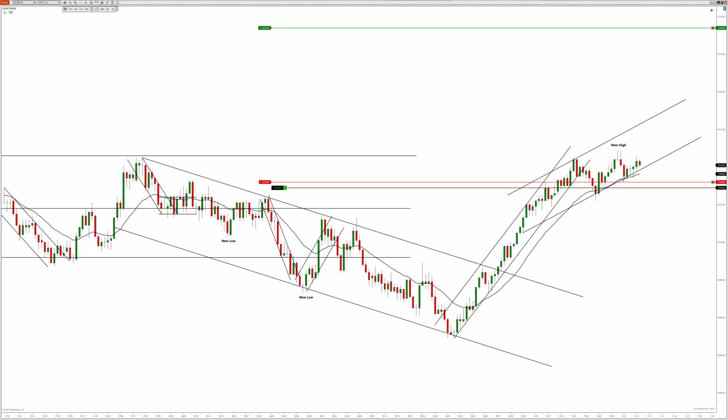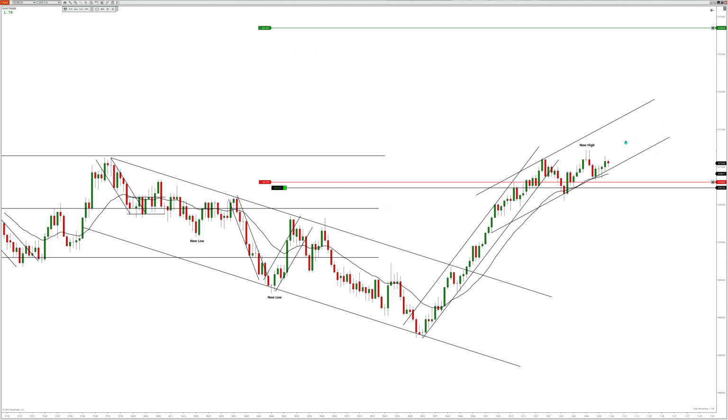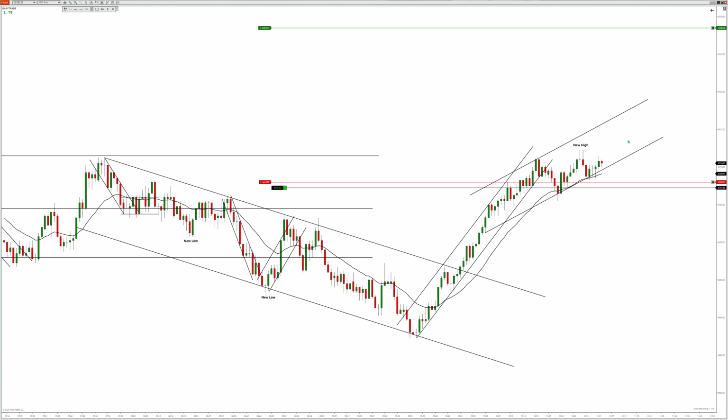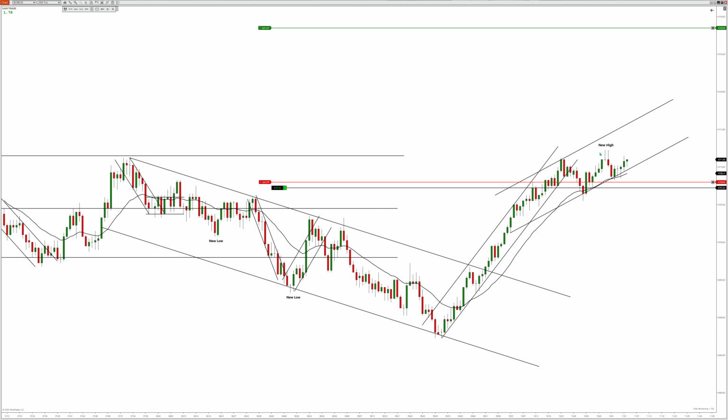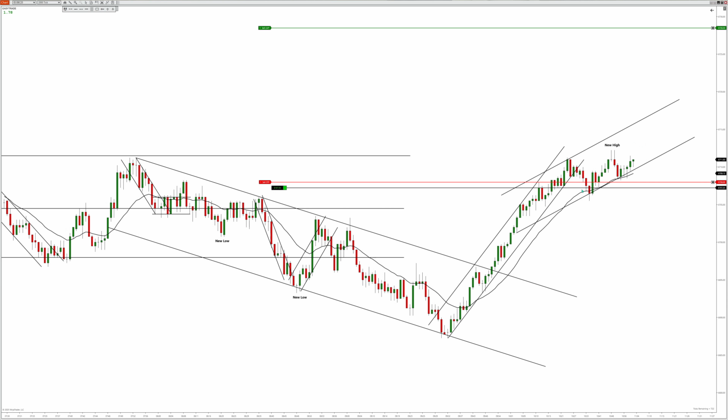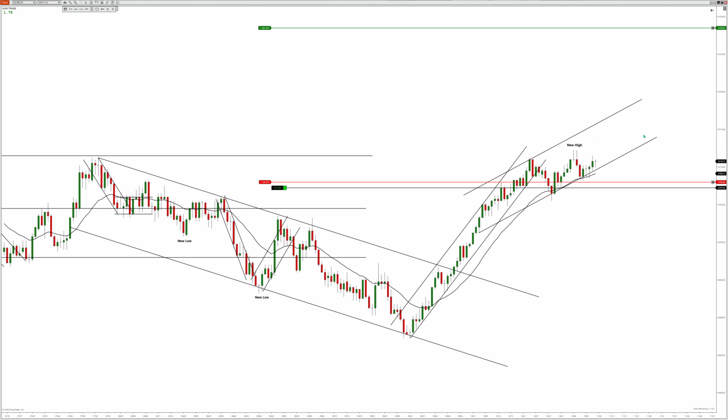You can see strong rejection off of the EMA. It kind of lines up. One more rejection off of this bottom trend line would confirm this. But the fact that we created a new high for this spike and then rejected off EMA and then continued to work higher, there's got to be some kind of channel. I want to see a break above these highs though to really trust the second channel.